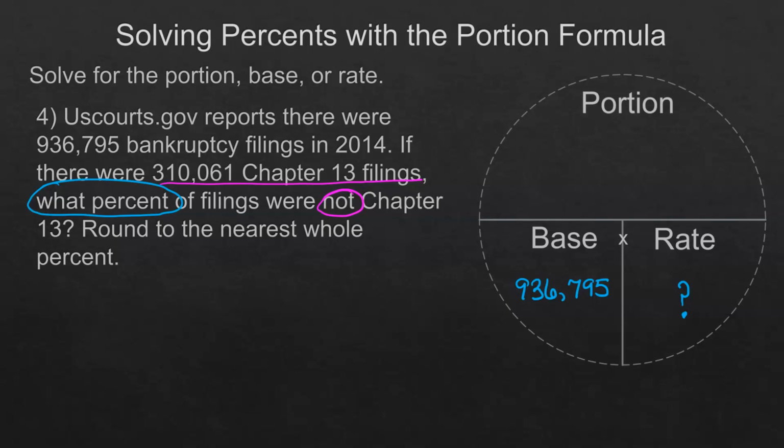So we have to subtract to get the number that were not Chapter 13. And so on this, we basically take the 936,795, we subtract the 310,061, and that gives us 626,734, and that will be our portion.